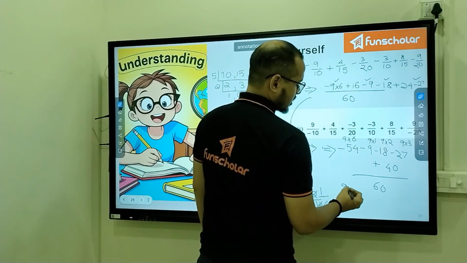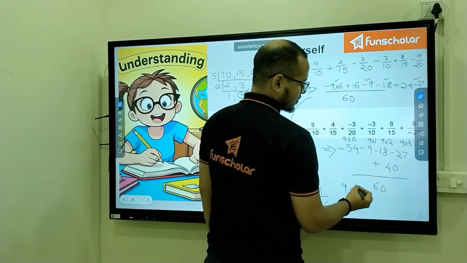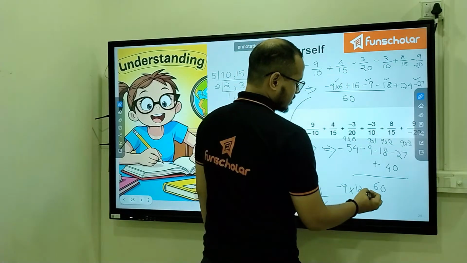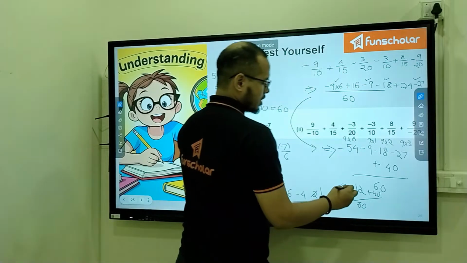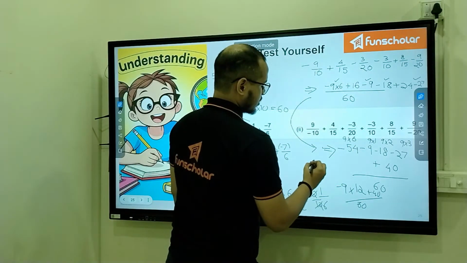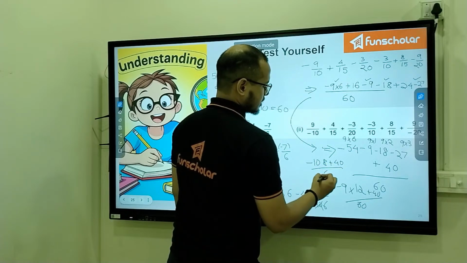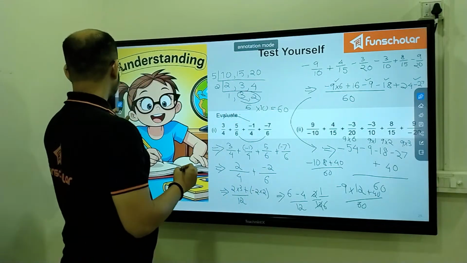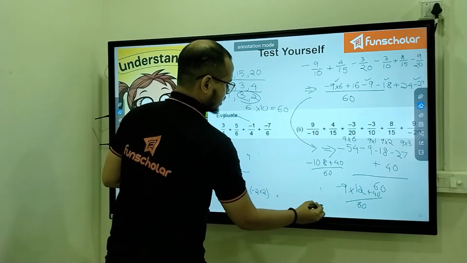So this is nothing but 9 into 12, and a negative sign is there in front of it, plus 40 by 60. So 9 12s are 108. So minus 108 plus 40 divided by 60. Okay, it is becoming a little bit clumsy. Let me clear the previous sum out so that I can write this properly.